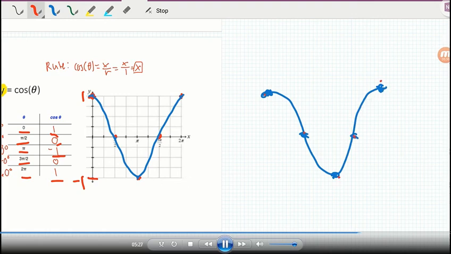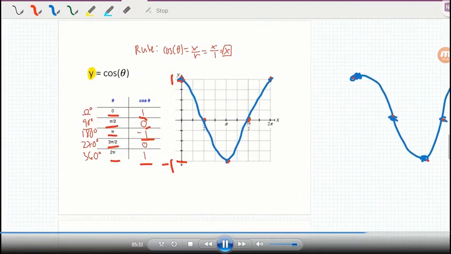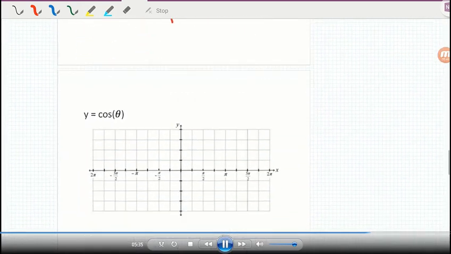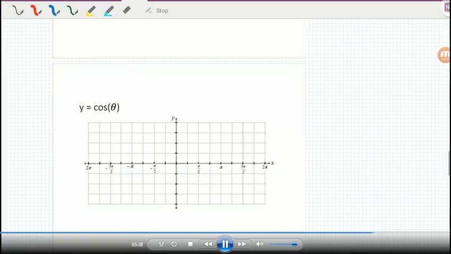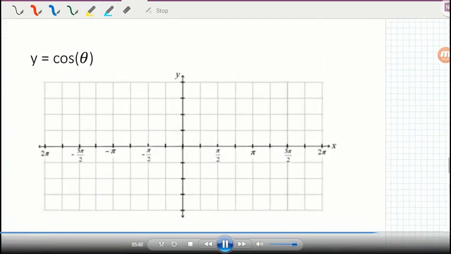We talked about this in the sine video, that 5 points creates one cycle of cosine. It's okay if you don't know what that means. Cycle and stuff like that is what's going to happen in the next video. But for right now, just understand that 5 points is what creates one entire repetitive cycle for cosine.